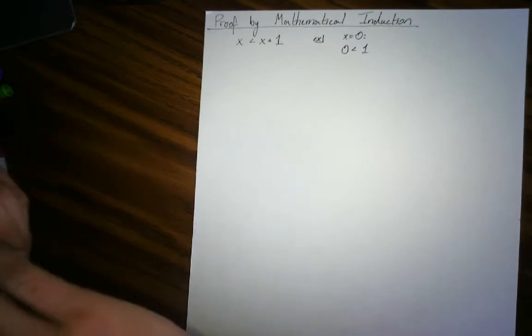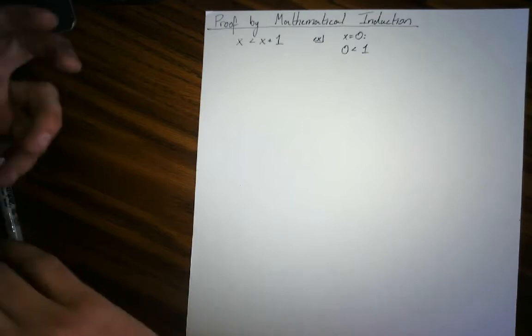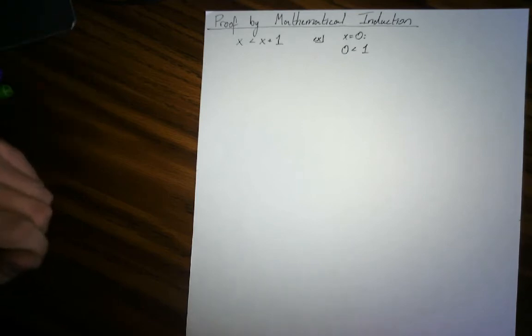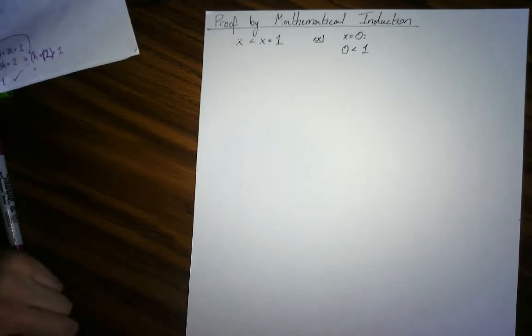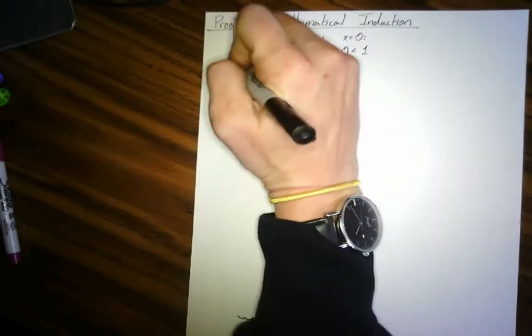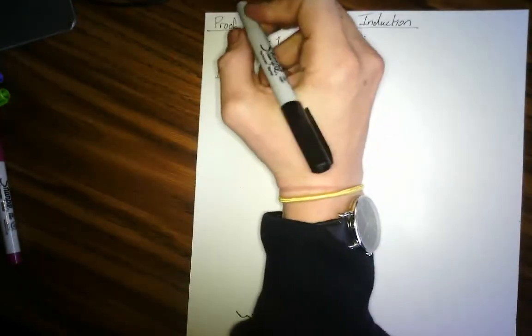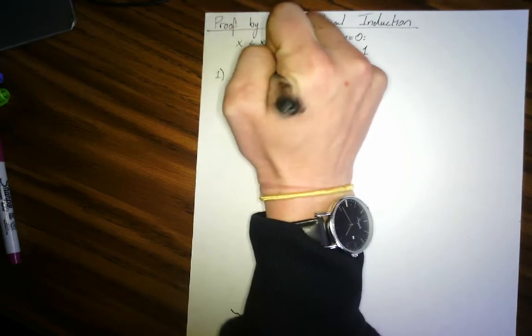For this one it's pretty straightforward, but sometimes we have theorems where we have some not so obvious methods being put into place. So we learn how to do this proof by mathematical induction, and this proof really has two parts. Our first part is to show that the first case is true.